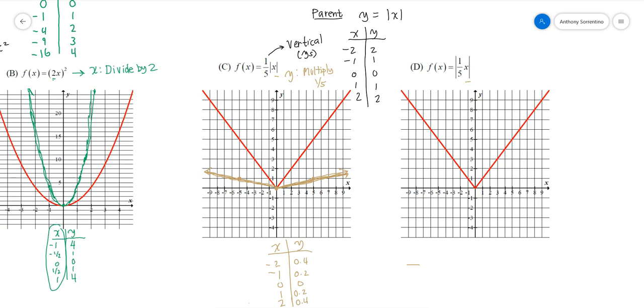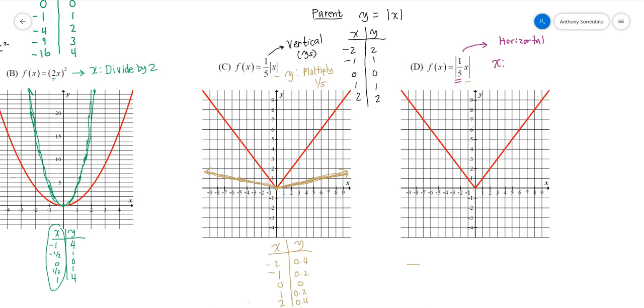For this one here, the 1/5 is occurring inside the parenthesis. So is this a vertical transformation or a horizontal transformation? Well, since it's inside the parentheses, it is a horizontal transformation, and it's going to affect my x coordinates.